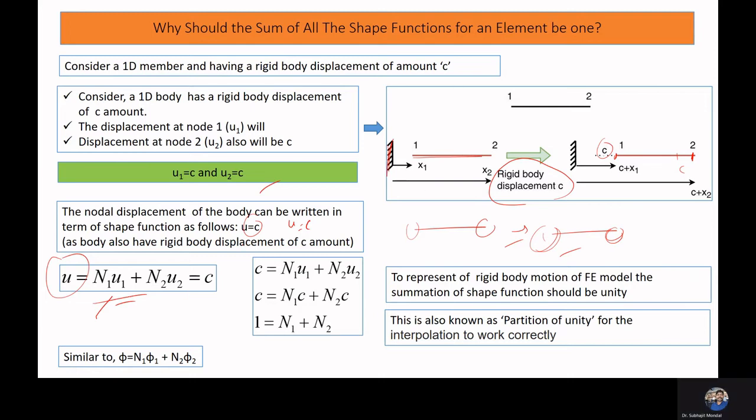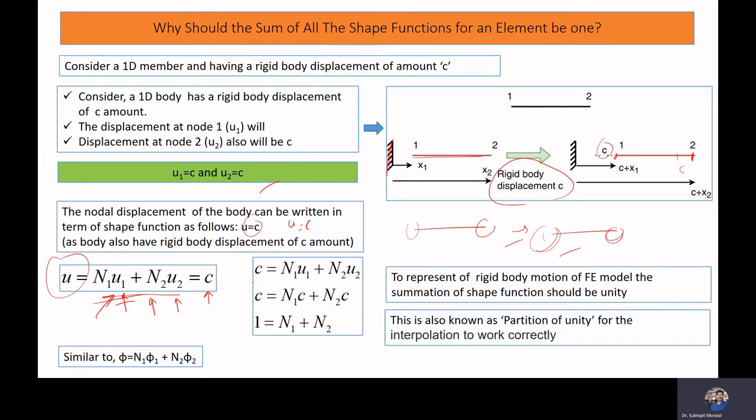Here N1 is the shape function and u1 is the nodal value, N2 is the shape function and u2 is the nodal value. So again we are interpolating our nodal values to get our displacement. For the rigid body motion, the displacement u is also c.